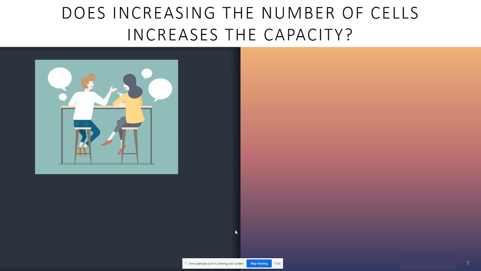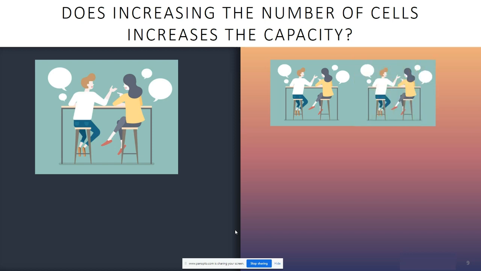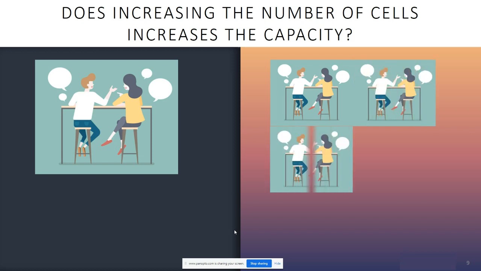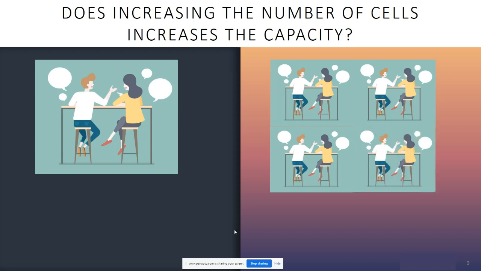Then the direct solution that we can do is actually to increase the number of base stations. For example, in the given area, we could put more base stations like this. So in the given rectangular area, we put 4 base stations, which is 4 times the number of base stations.